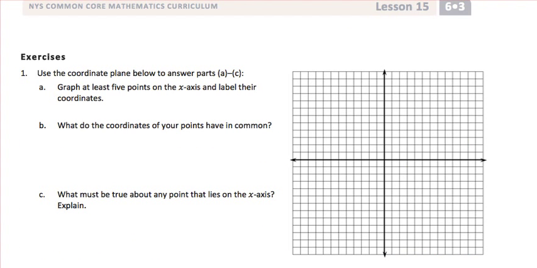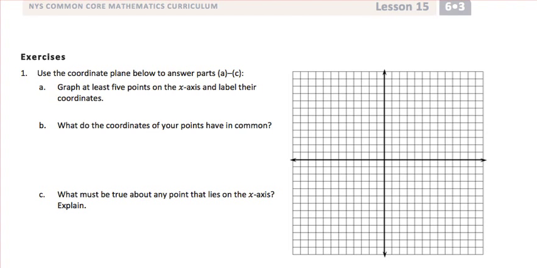Now on exercises 1 through 3, you were using the coordinate plane to answer the questions, and your answers may vary, but you were to graph at least 5 points on the x-axis and label their coordinates, and then tell what they have in common.